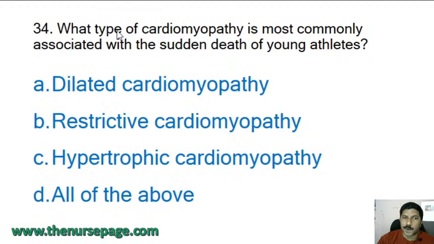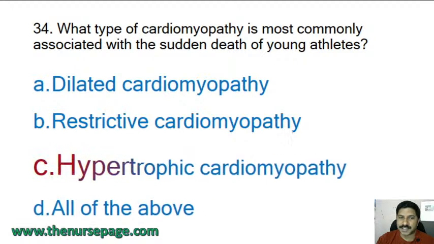Next question. What type of cardiomyopathy is most commonly associated with the sudden death of young athletes? Dilated cardiomyopathy, restrictive cardiomyopathy, hypertrophic cardiomyopathy, or all of the above.